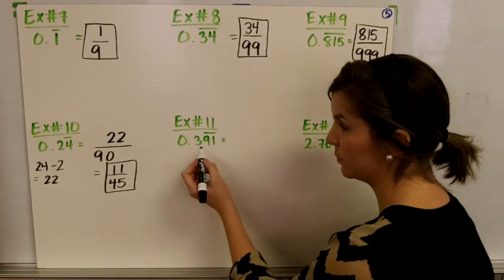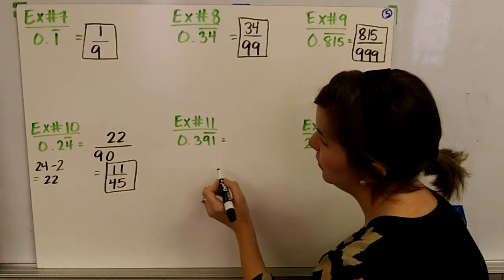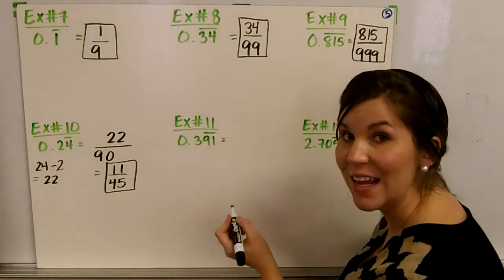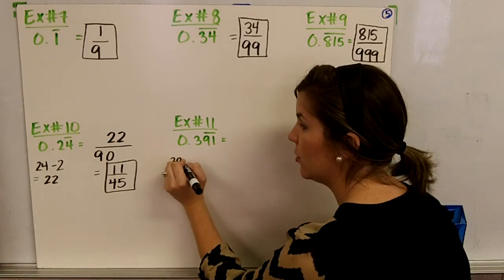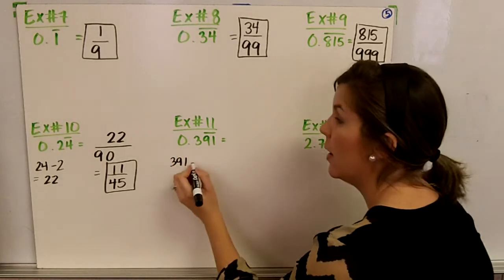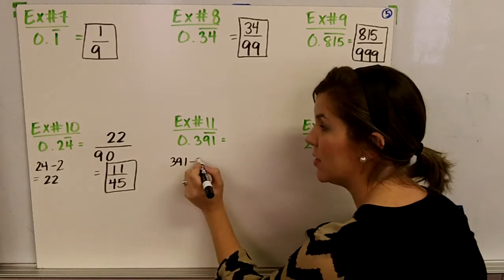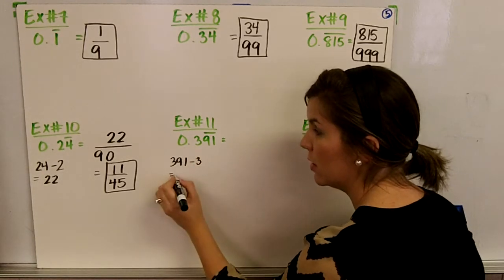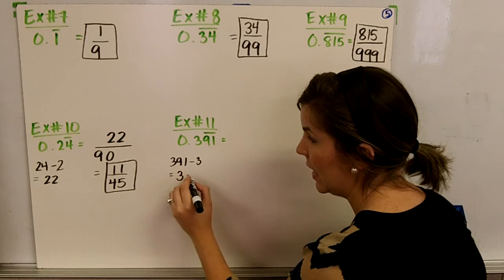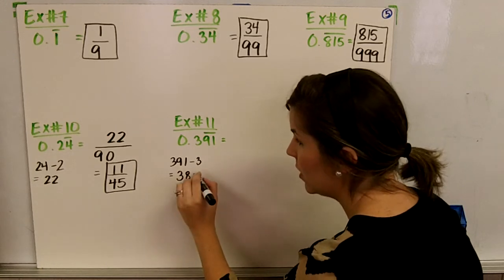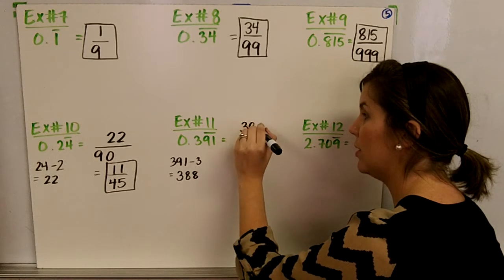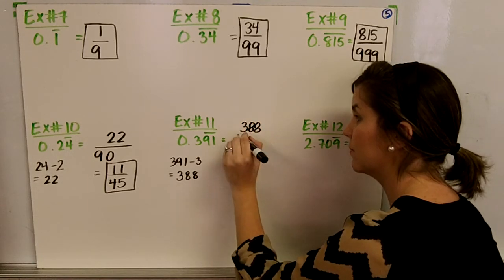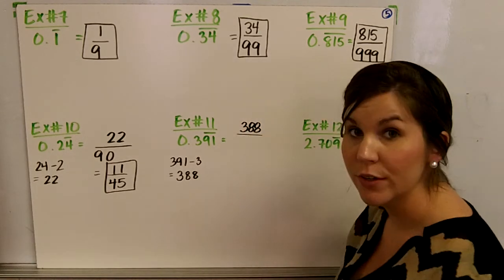Example number 11. 391 thousandths, where the 9 and the 1 are both repeating. So again, off to the side, 391 is the whole part. Subtract the part that's not repeating, so subtract the 3, and you get 388. So this would go in the numerator, 388 over.